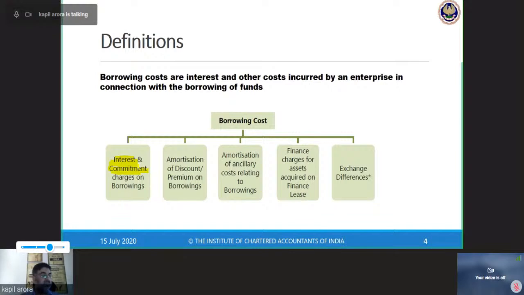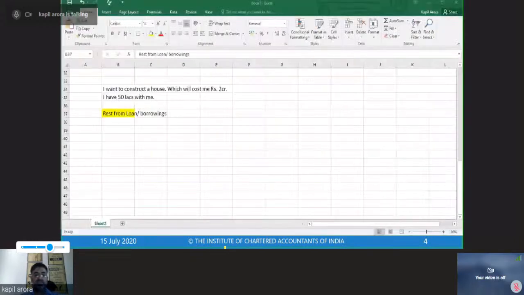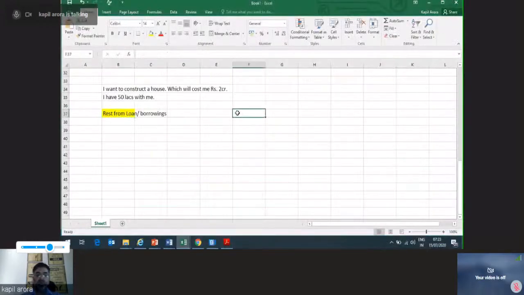But interest cost is not the only cost which we incur. Can we talk about some practical scenario where a cost other than interest could be there? For example, amortization of ancillary cost relating to borrowing cost. What does amortization of ancillary cost mean? Let's assume you want to take a loan, right? You want to take a home loan for this.